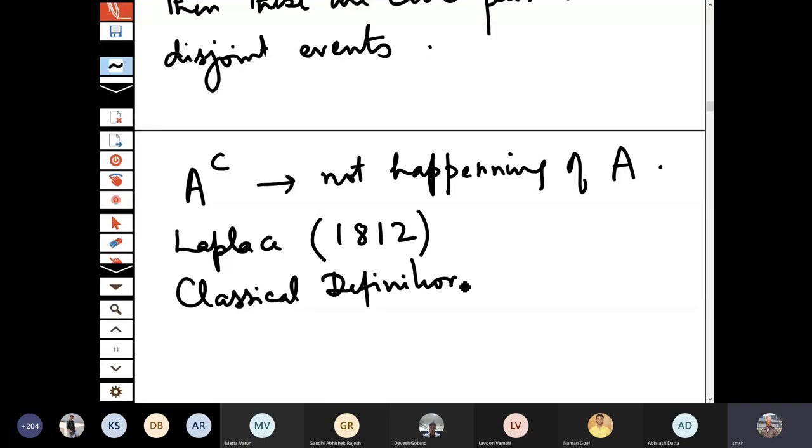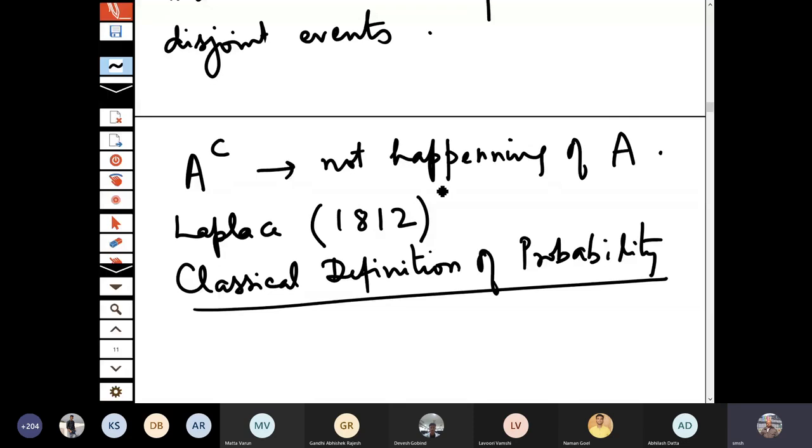This is the definition which you studied in your school also for solving problems related to coin tossing, dice throwing, and so on. The definition is very simple.